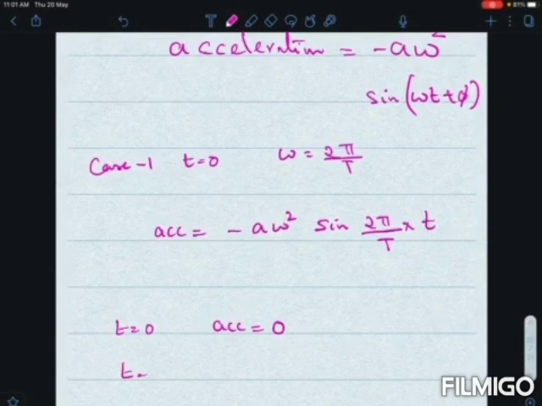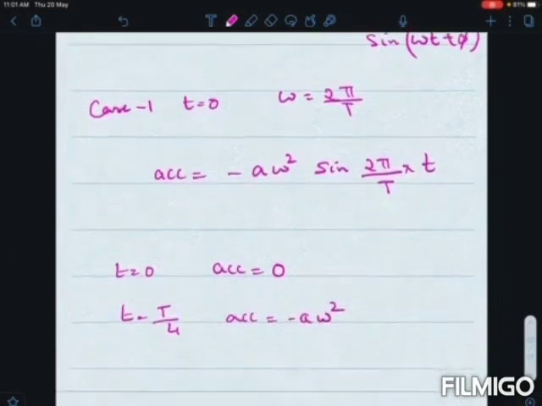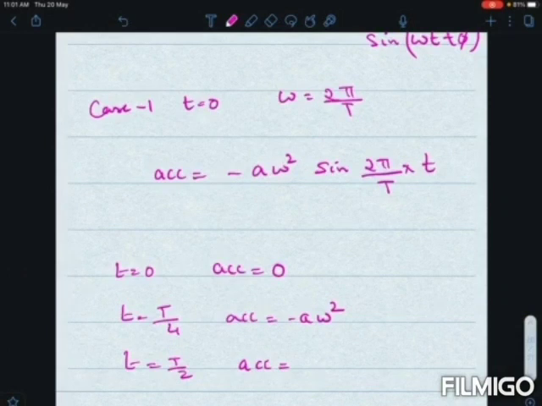Now the next condition is t is equal to 1/4 of the period. So what is it? T by 4 means it is pi by 2. So acceleration is equal to minus A omega square. Again at t is equal to T by 2, acceleration will be sine pi, that is equal to 0.